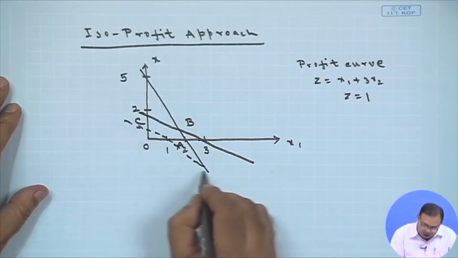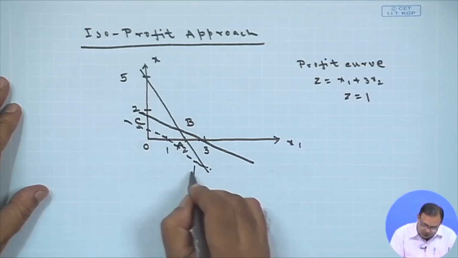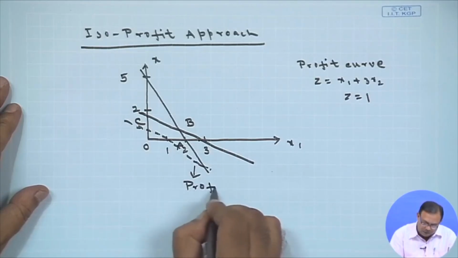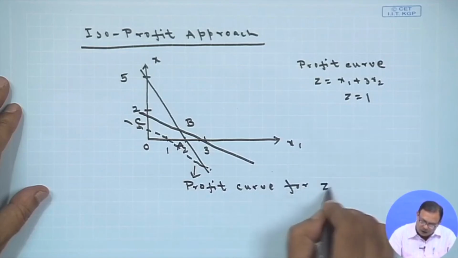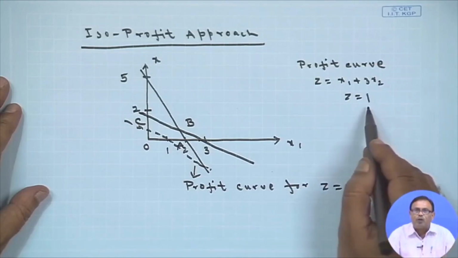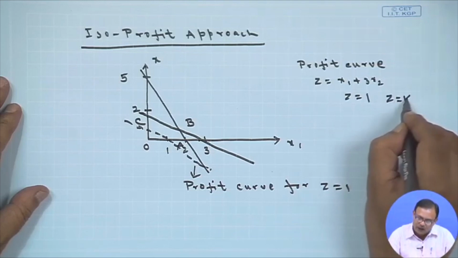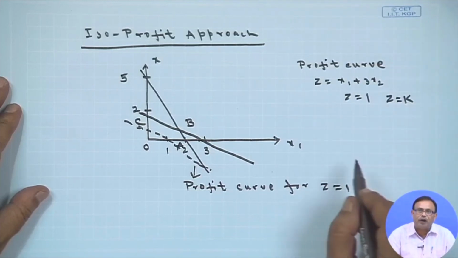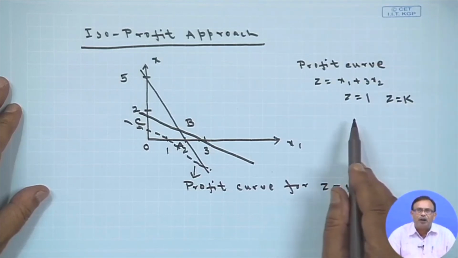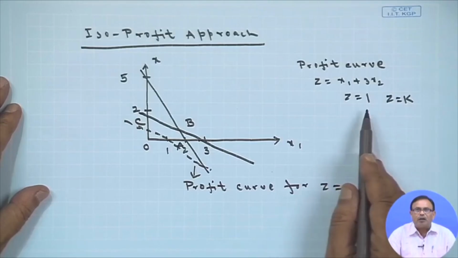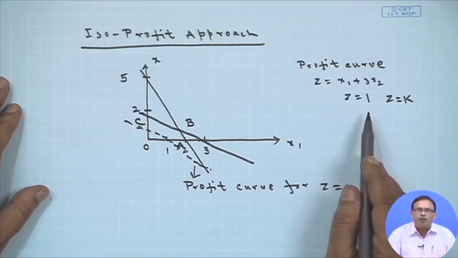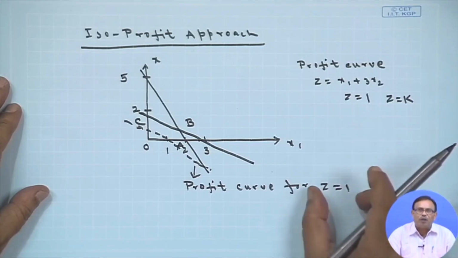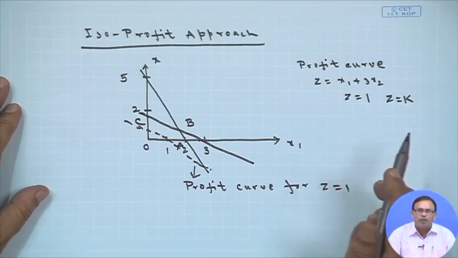So, this is your profit curve for z equals 1. This value z equals k can take any arbitrary value. We have taken it arbitrarily in such a manner that whenever I draw the line z equals 1, or x1 plus 3 x2 equals 1, a portion of the line lies in the feasible region.